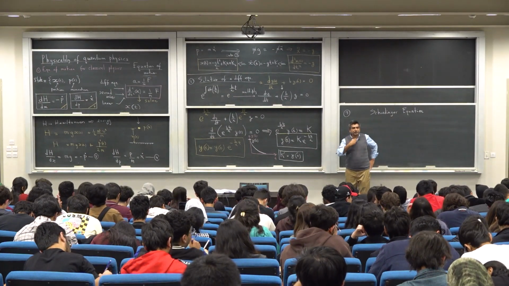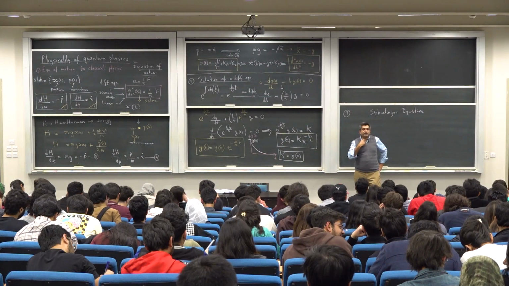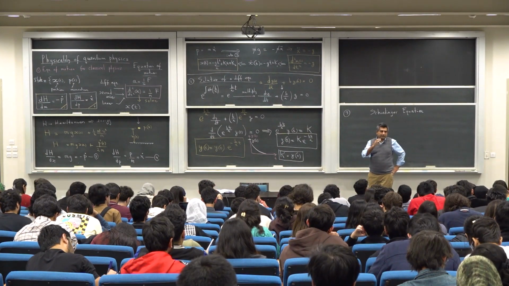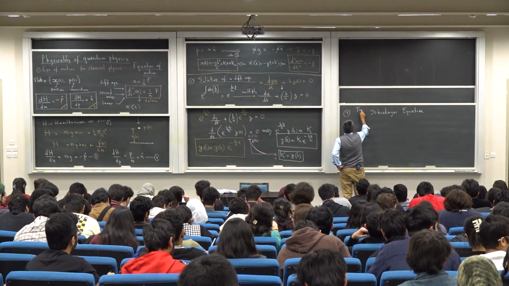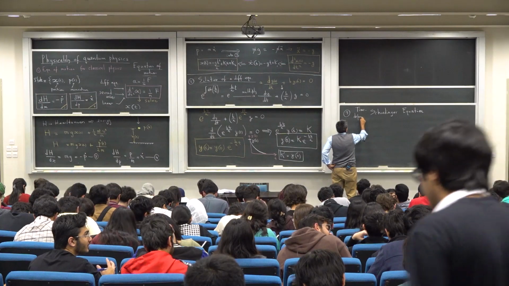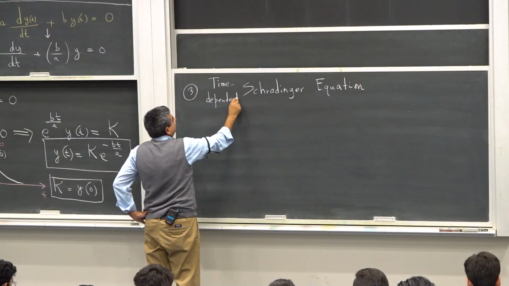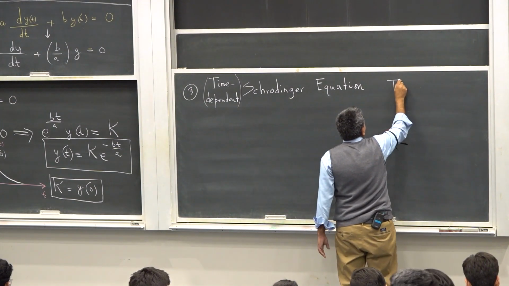There are two versions of the Schrodinger equation. First of all, we're going to talk about the time dependent Schrodinger equation. Sometimes I can write this as TDSE.